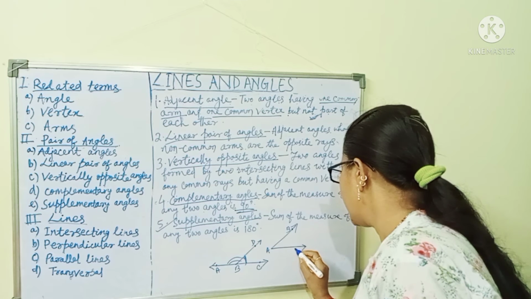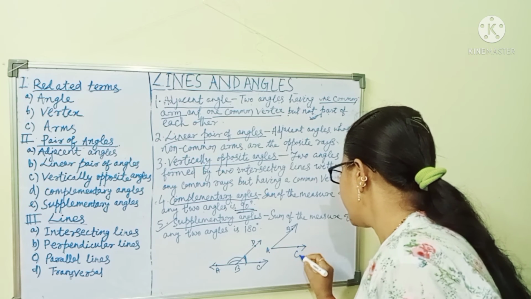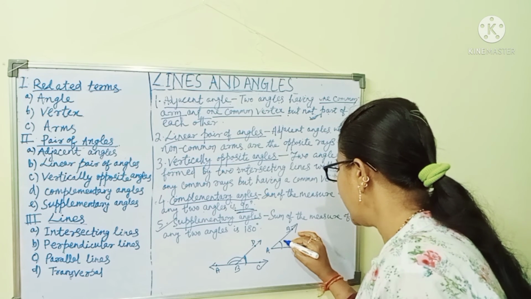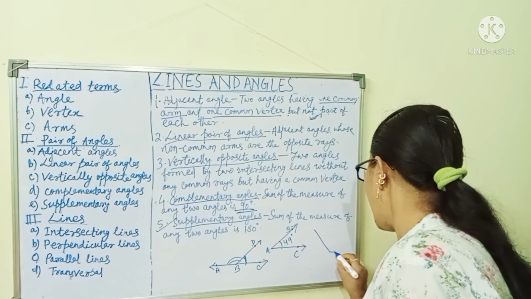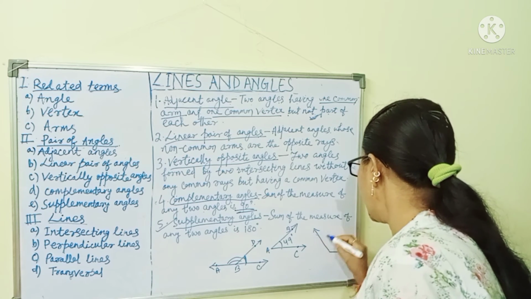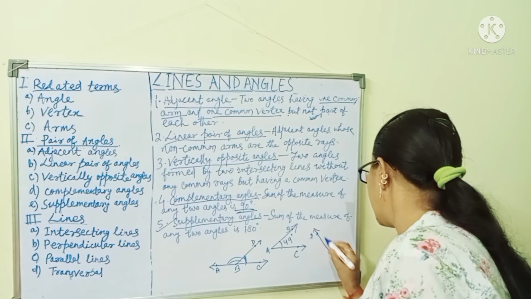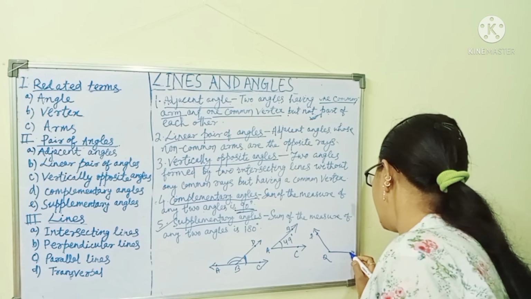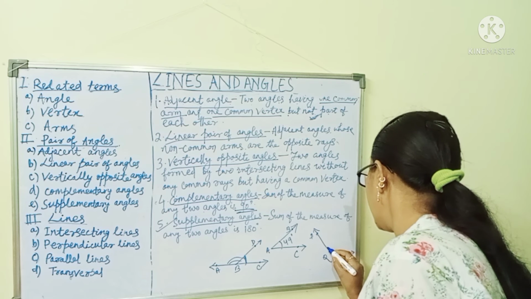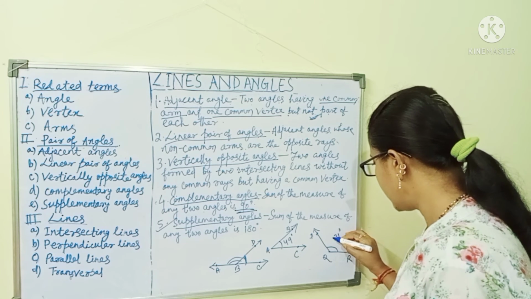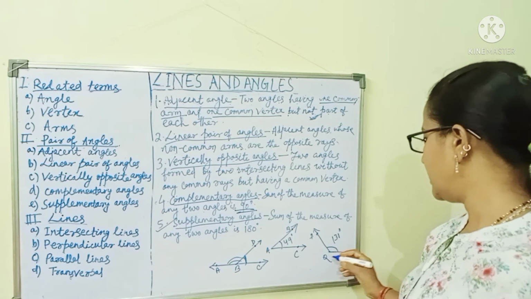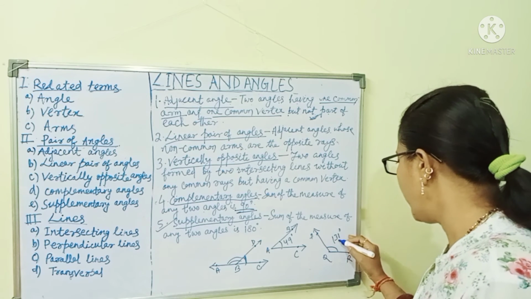B, C, the angle is 49 degrees, then this angle PQR is 131 degrees.